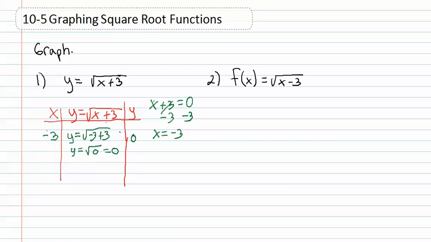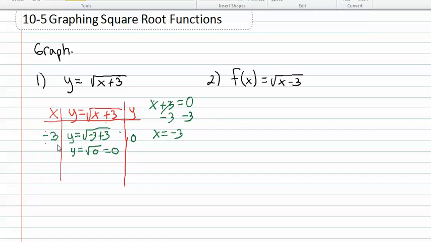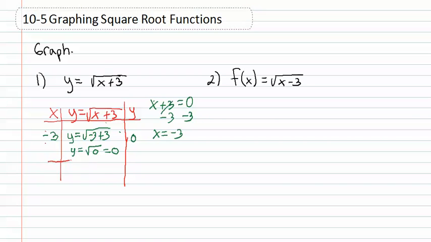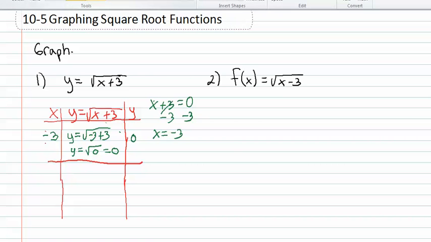The next one. I need to come up with another value for x, because I want to get 3 values for x. I like to find perfect squares, so I want to find 0, 1, 4, 9, 16. Those are all perfect square roots.